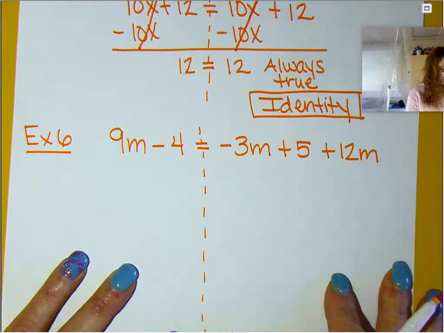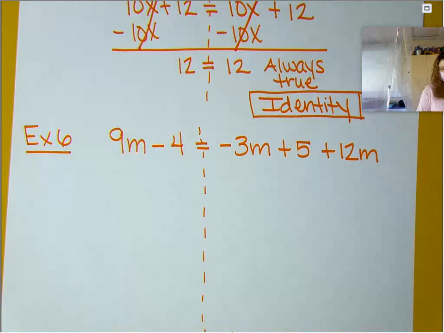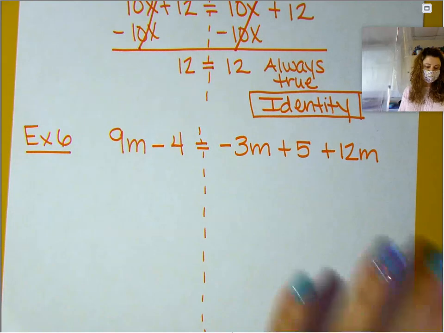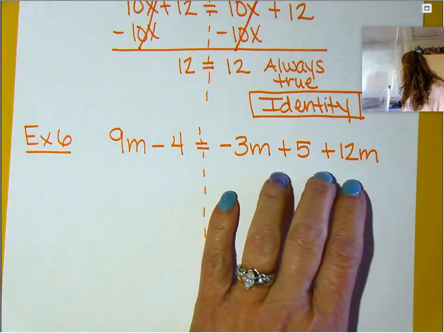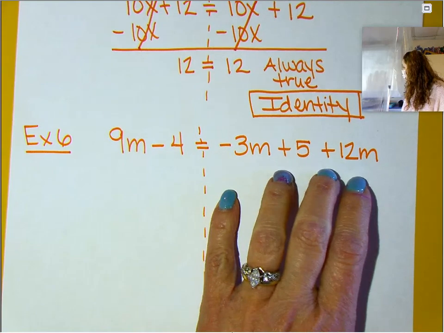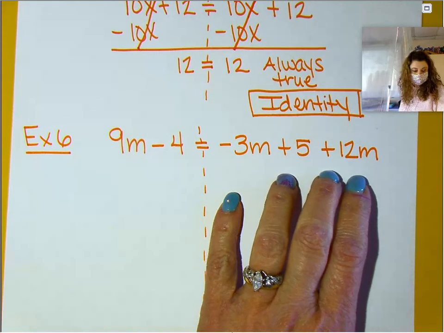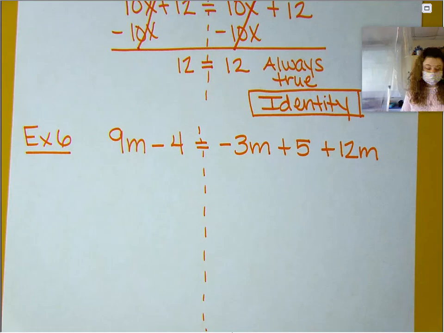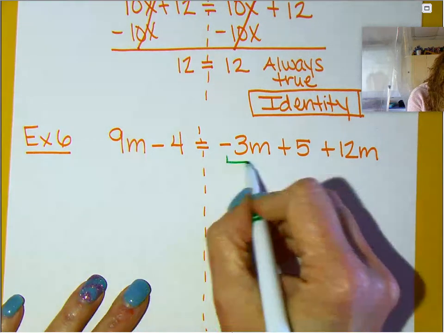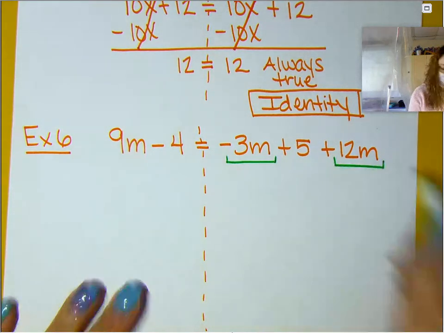There are no parentheses, so you have to go with the variables. What do you notice about the variables on this side? 3, 6, 9, 12. There's two of them, right? You see both of them? So if there's two of them, let's go ahead and combine like terms first.